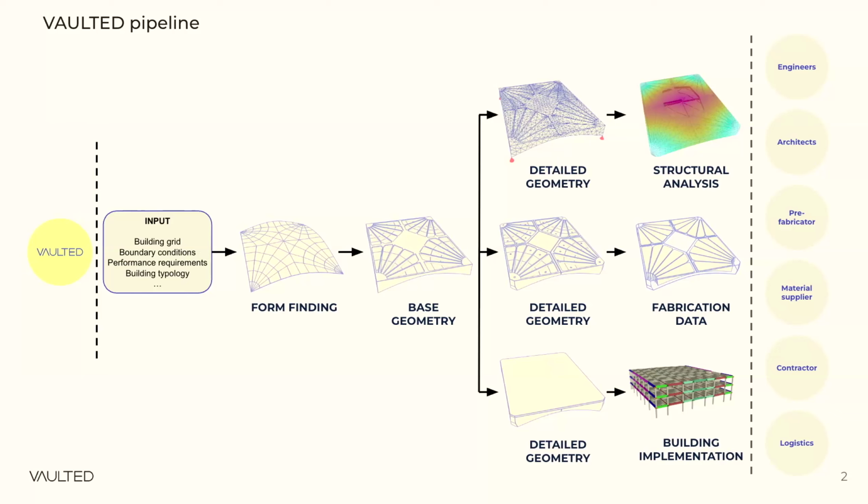And this is a worked out pipeline, going through the input we get from the requirements of the building, form finding, creating the base geometry, and then from then on we can decide what detailed geometry we want to produce for different purposes. For example, for structural analysis, for fabrication data, or for building implementation.